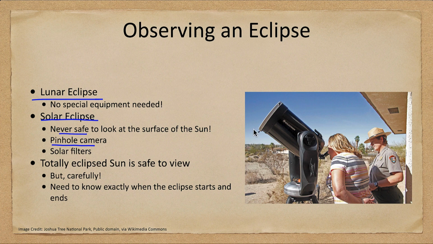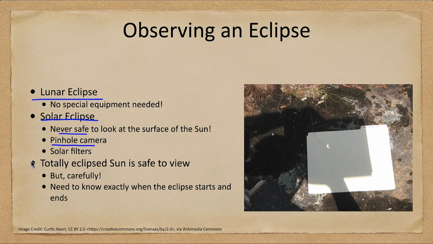So here there's a special filter on the telescope that filters out the vast majority of the light. A pinhole camera uses a pinhole in a piece of cardboard to make a mini camera and then allows you to see the image quite safely. There's nothing wrong with looking at a picture of the eclipsed image.